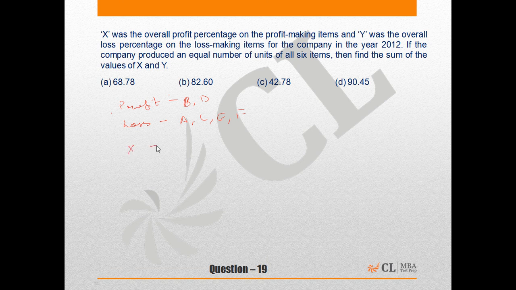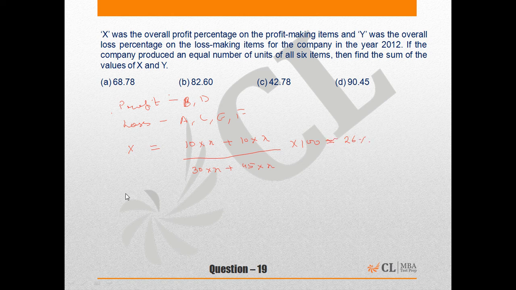So to calculate X, I'll multiply the profit of B into number of units plus profit of D into number of units, divide by cost price of B into number of units plus cost price of D into number of units into 100. On rough calculation, I will get this figure close to 26%.